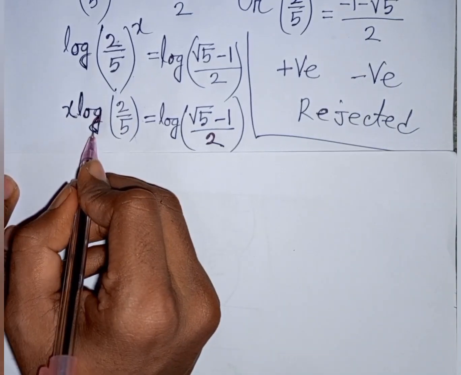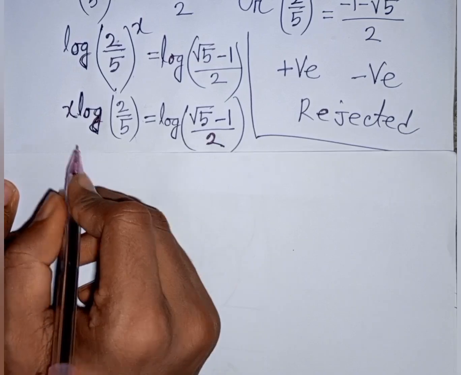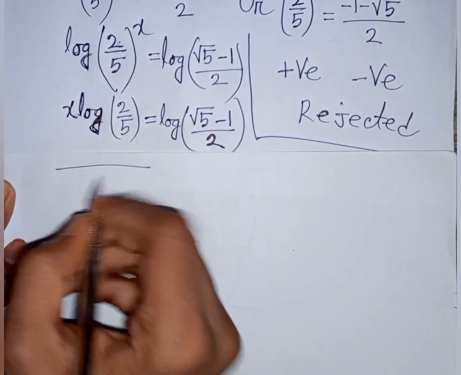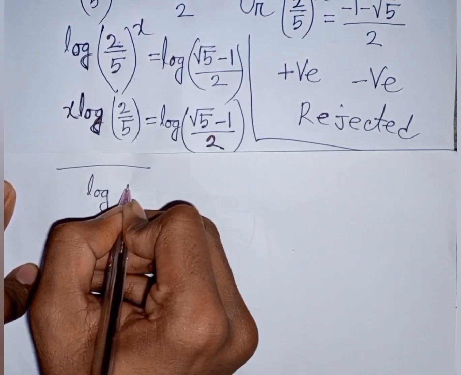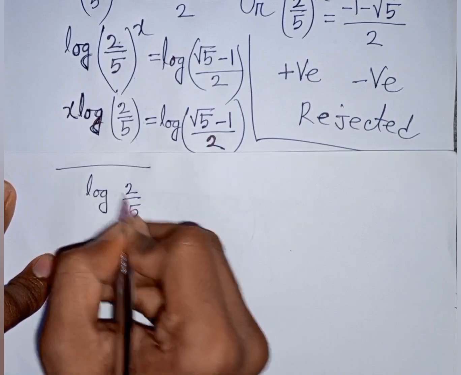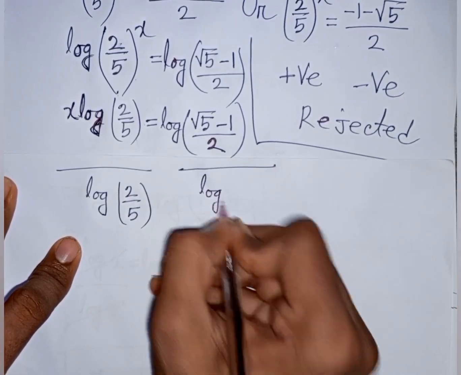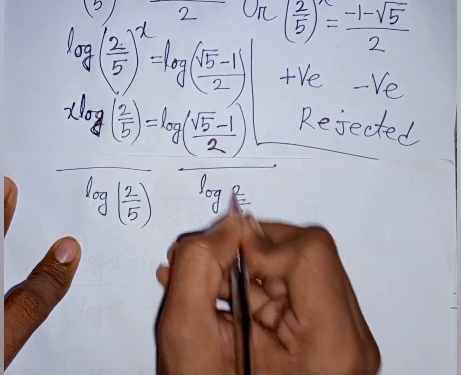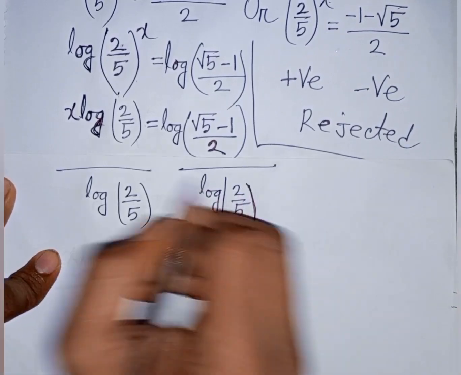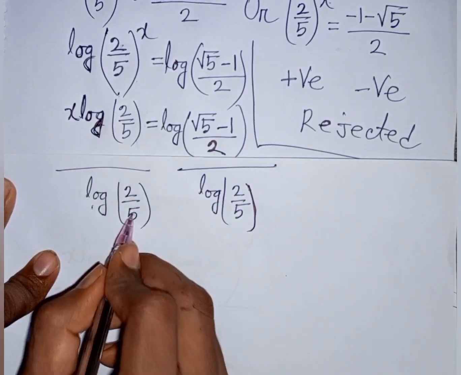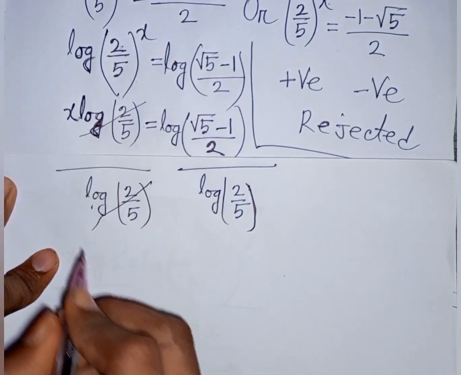Now we divide by log of 2 by 5 on both sides because we need the value of x. So divided by log of 2 by 5, divided by log of 2 by 5. Now this log of 2 by 5 and this log of 2 by 5 will be cancelled.